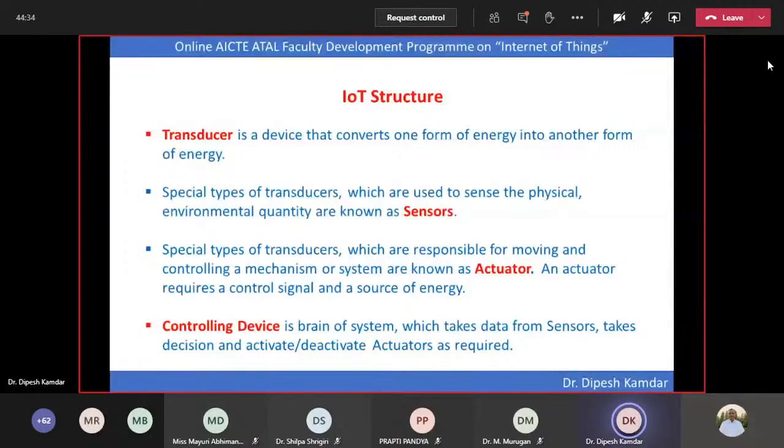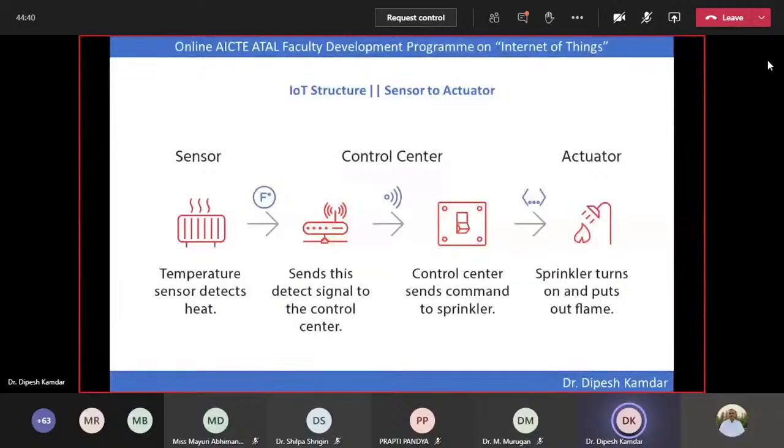So this is your IoT structure, from sensor to architecture. In the example, I am taking a temperature sensor, which detects the heat. It is given to your controlling center. The controlling center will check the data.